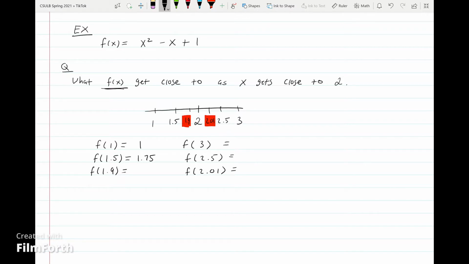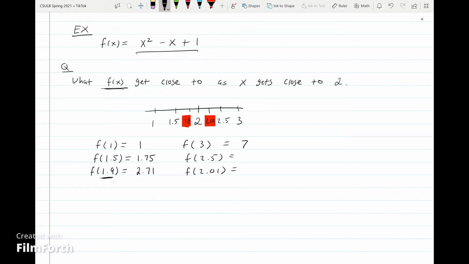You would just plug this into a calculator, right? You're just plugging in 1.9 into this function. Okay, so f of 1.9 is 2.71. f of 3 is 7. Look at that. From this, can you answer my question?